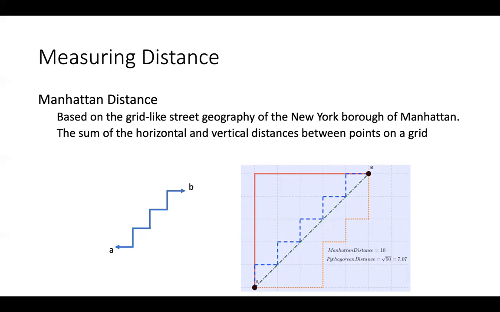In the image on the right, you can think of this as the orange dots here, the blue dashed line here, or the solid red line here. All give you the same distance, but follow different routes. Notice that the dot dash green line, that's the Euclidean distance shown for comparison.